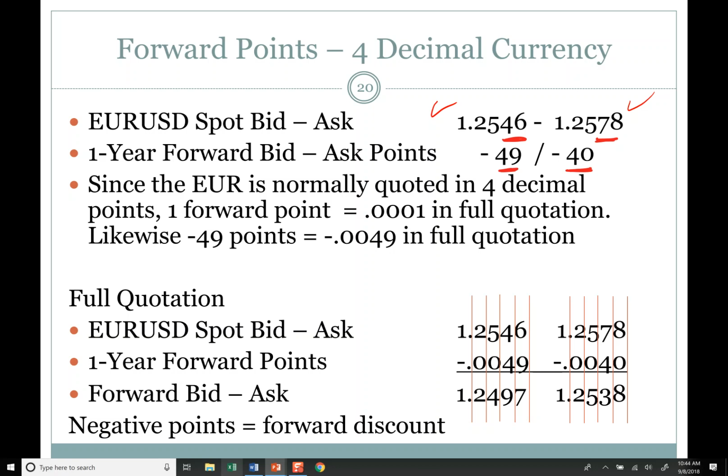So if you want to buy euros, what are you going to pay? You'll wind up paying 125.78 if you want to buy them, and if you want to sell them, you'll get 125.46. We're talking about fractions of pennies. It's a very efficient market.